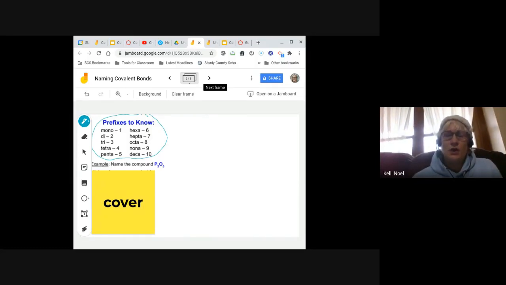You've got to know these prefixes here. So here's one right here. We've got P. If we look on the periodic table, so you'll need access to your periodic table, P is phosphorus. There's a 2 here, so I'm going to need di. So it's going to be diphosphorus.